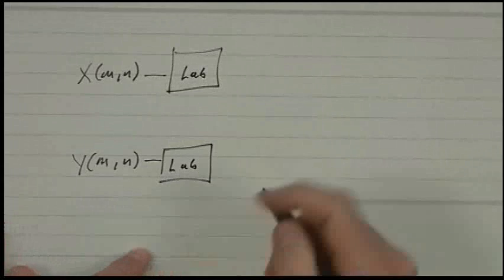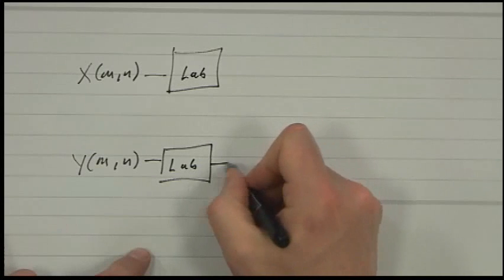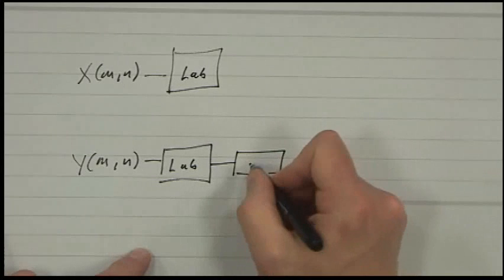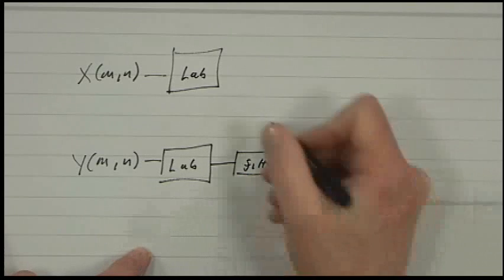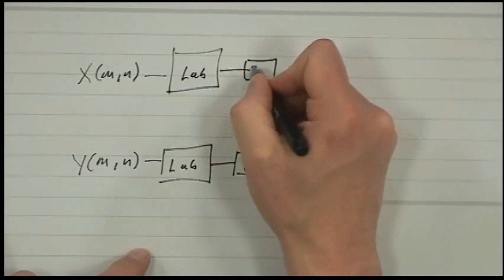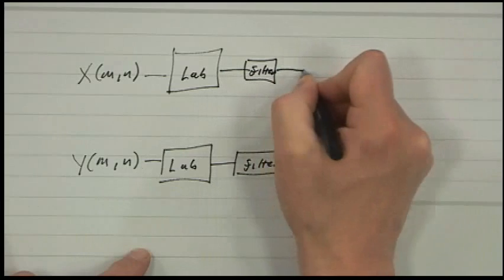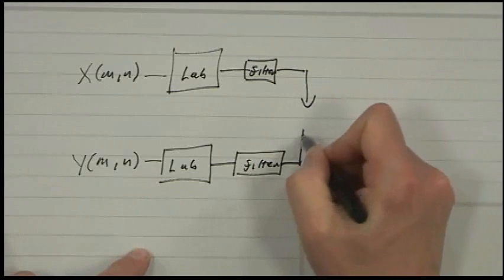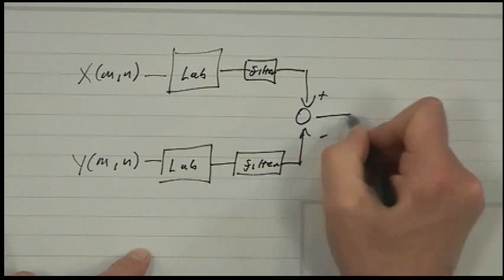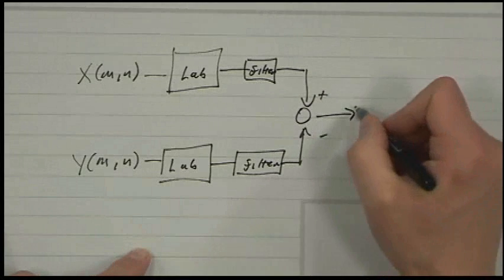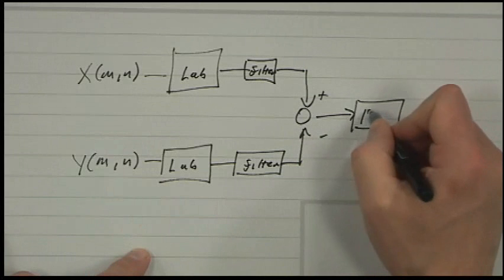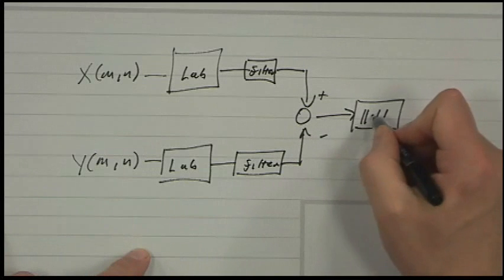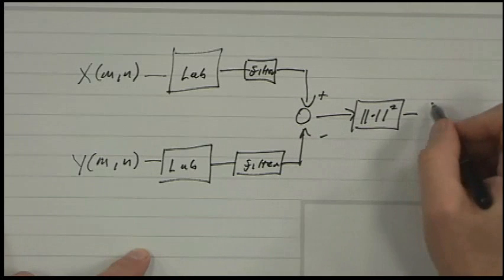Then from here you could put a spatial filter on each, and then subtract these, and then take a norm, say, and then average.